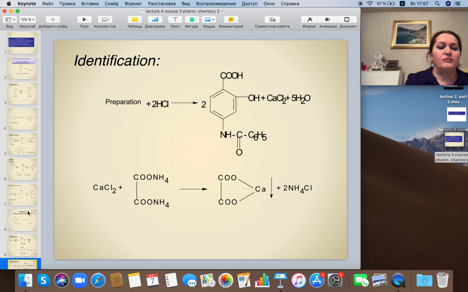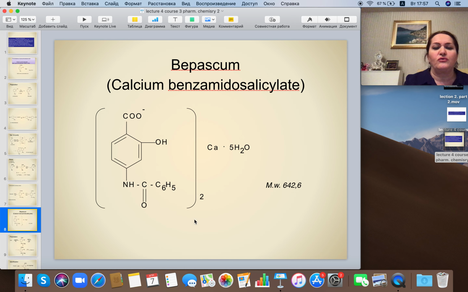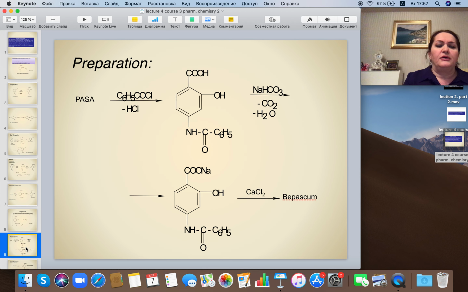And if you look at the structure of bipascum, you can see a phenol hydroxyl. Therefore, this preparation also gives a reaction with ferric chloride, as sodium PAS does, and at the end of the reaction a violet color forms, a specific reaction for phenols.